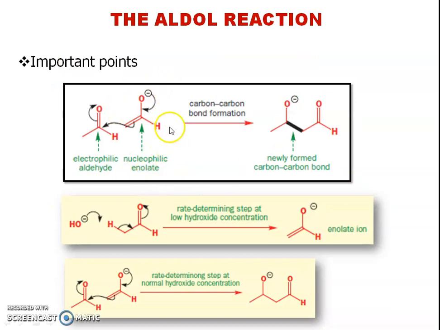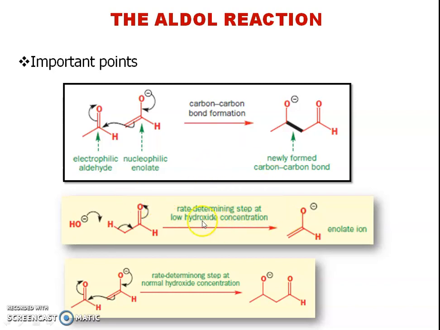So the important point in this aldol reaction is that this is a carbon-carbon bond formation reaction, and the nucleophilic part is the enolate. This carbon is acting as a nucleophile, and in the electrophilic aldehyde, this carbon is acting as an electrophile, and C-C bond formation occurs here. The next point is the rate determining step.